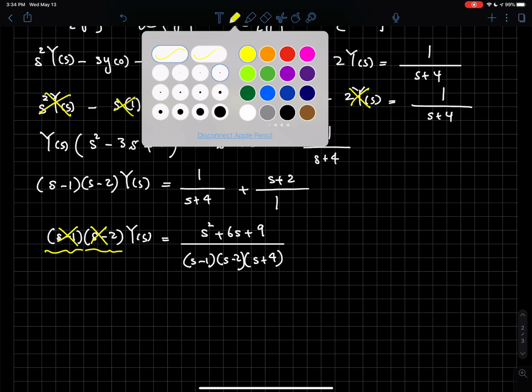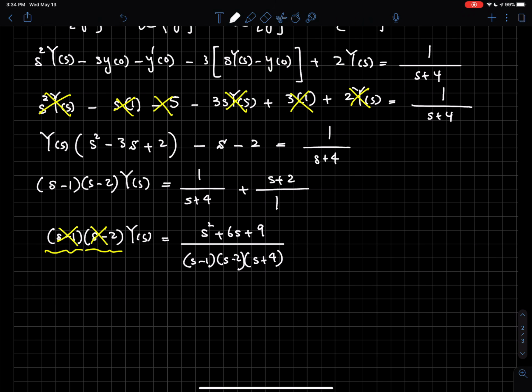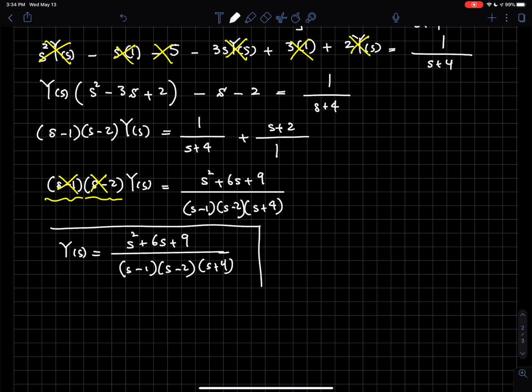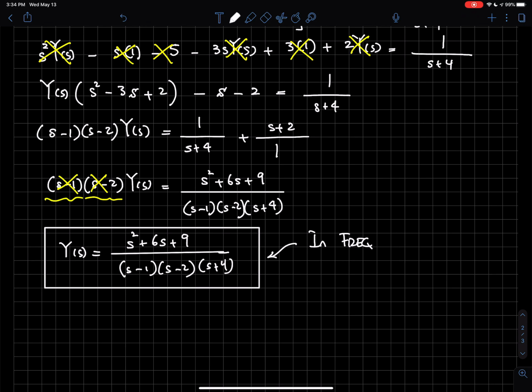So my final Y of s will be s squared plus 6s plus 9 over s minus 1, s minus 2, and s plus 4. So now this is my solution to my differential equation, but it's my solution, as you know, in frequency domain.